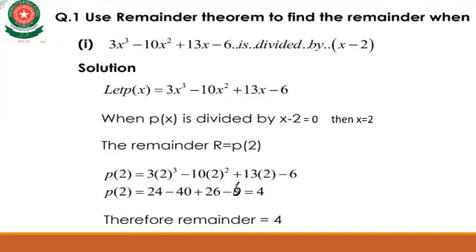Solve this: 24 minus 40 plus 26 minus 6. That will be equal to 4. Therefore, the remainder will be 4.